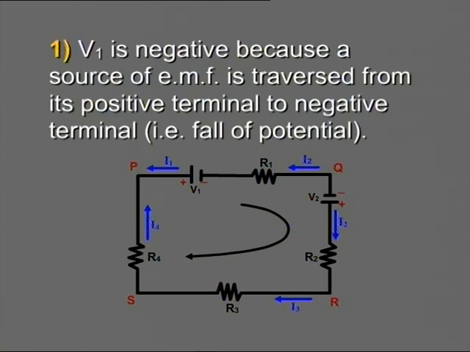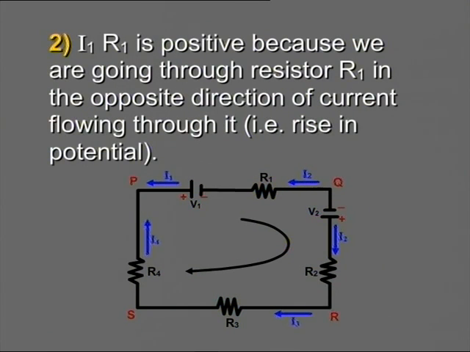First, V1 is negative because a source of EMF is traversed from its positive terminal to negative terminal, that is, a fall of potential. Second, I1 R1 is positive because we are going through resistor R1 in the opposite direction of current flowing through it, that is, a rise in potential.